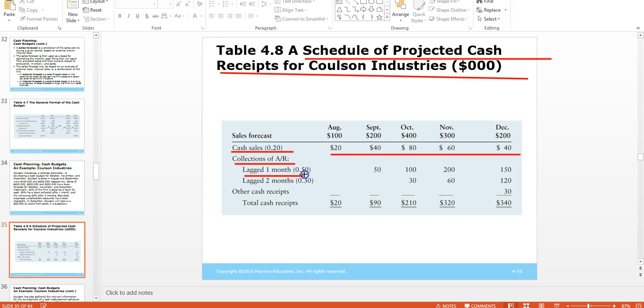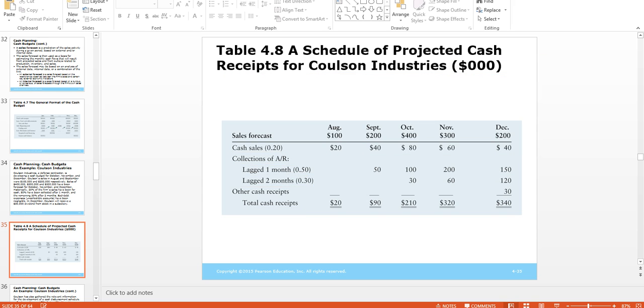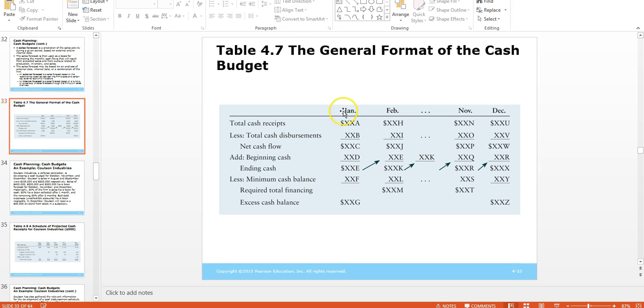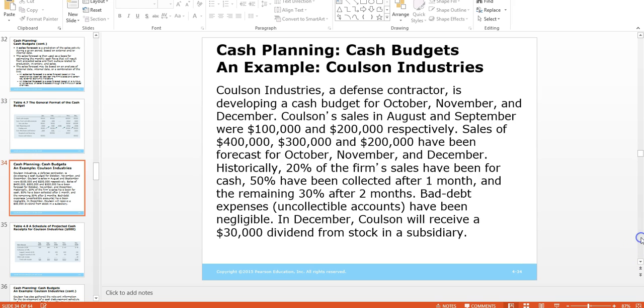They're lagged 1 month, and they're lagged 2 months. If you don't understand that, email me. And here's our total cash receipts. So once we have this table, we can go back and fill in. Let me go back. So these numbers right here will fill in right up here. Total cash receipts. Okay? So we'll know that.